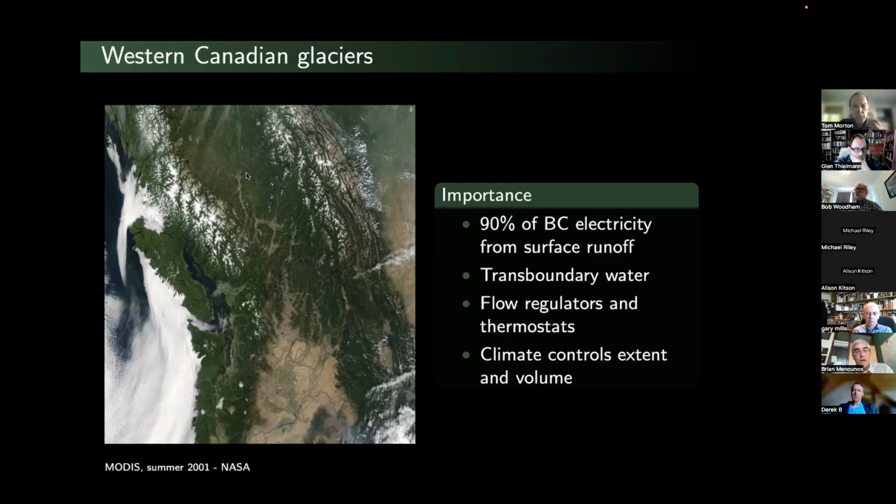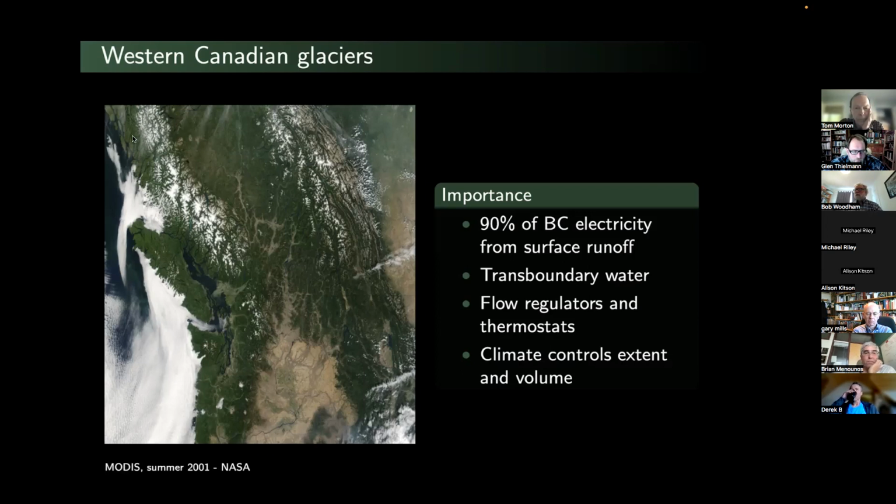In British Columbia, we get about 90% of our electricity from surface runoff, and practically all of it is indeed from hydropower generation. We also have transboundary water, so water from the Columbia Basin that flows down into the US and then out in Portland.